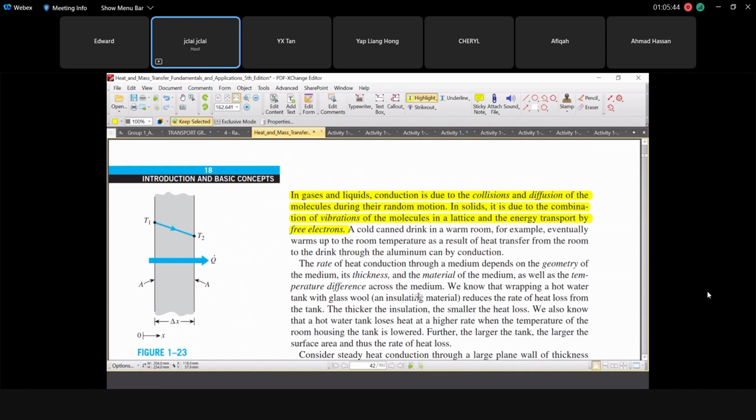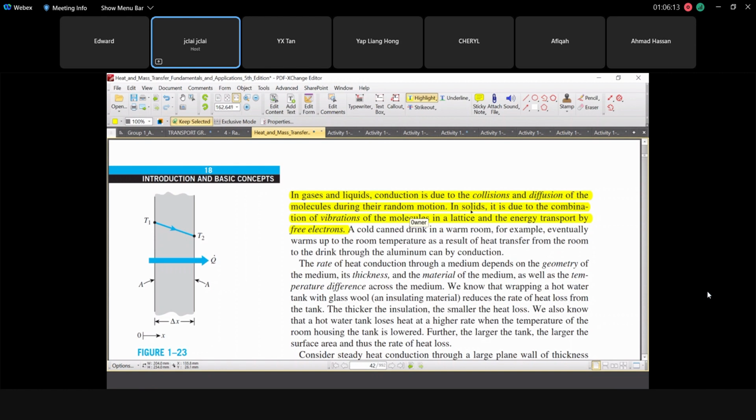So in gases and liquids, you see the mechanism. When we talk about mechanism, you must tell what the mechanism is. I want to see keywords, for example, collision, and diffusion. So the correct explanation should be: in gases and liquids, conduction is due to collision and diffusion of the molecules during random motion.